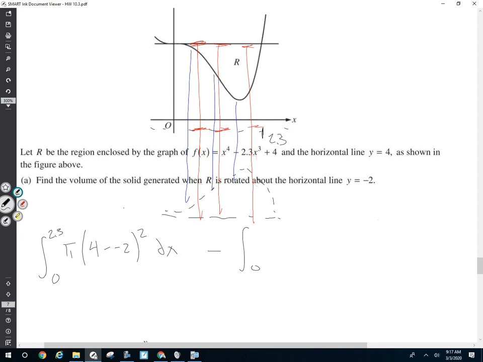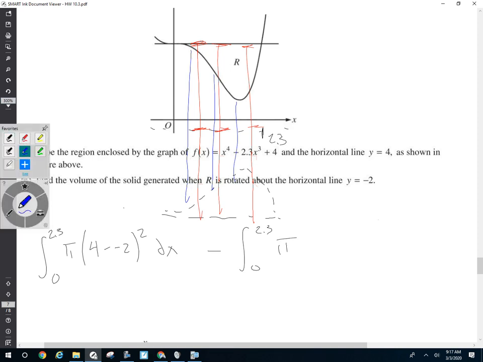Subtract 0 to 2.3 pi, my blue cylinders go into that function, f of x. So I got f of x minus -2 dx. And then you have to type that into your calculator.